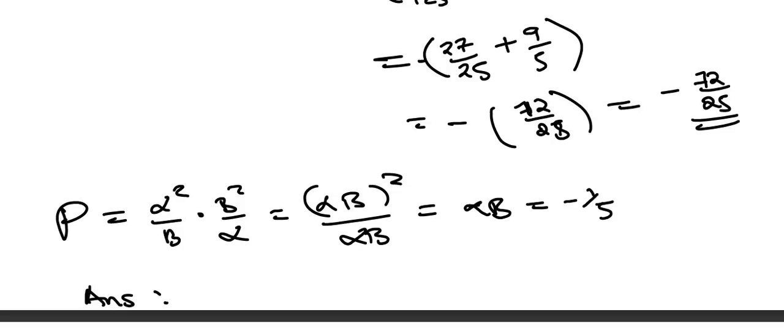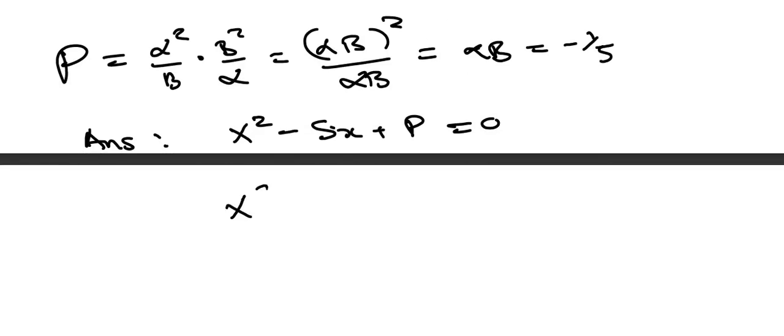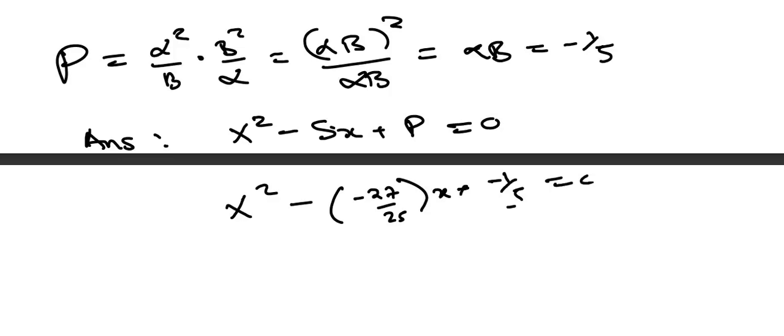Implying that the new quadratic whose integral coefficients are these two is simply going to be x squared minus the sum x, then plus the product, is equal to 0. Now we know the sum was negative 27 over 25 with an x, and the product is negative 1 over 5. This will just be x squared plus 27 over 25 x minus 1 over 5.